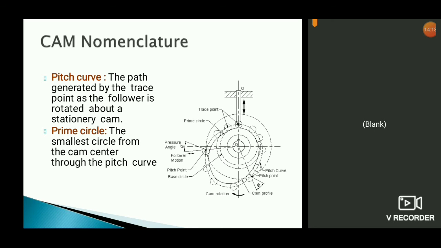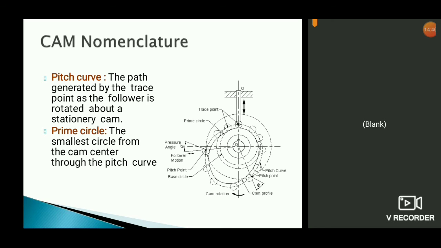The profile of the cam is what you get if you join the base of all the small circles. But the pitch curve is through the trace points. You can see different points at the center of these small balls. If you join all those points, that will become your pitch curve.